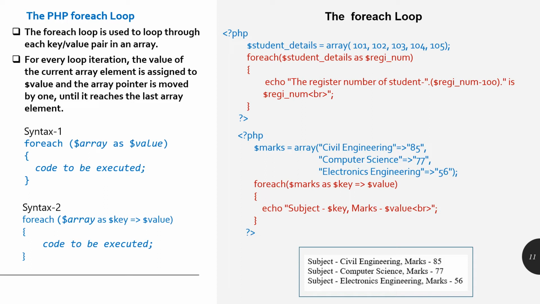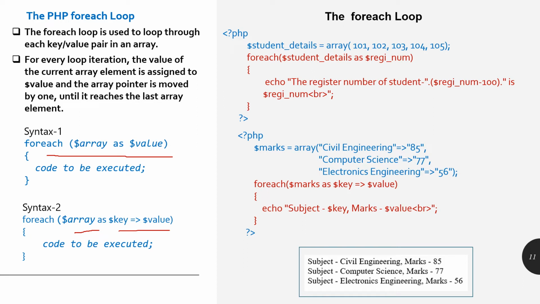The general syntax is, this is syntax 1, array name as value, like that we need to specify. Another syntax is array name as key value. Here assume that this is the register number array. For displaying, we need to specify this.